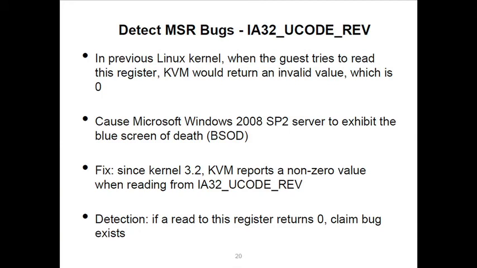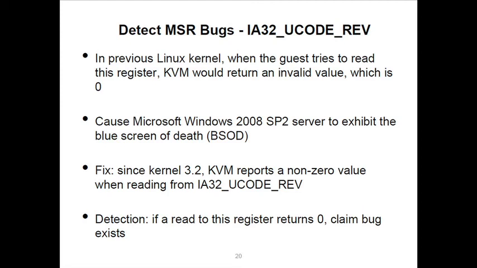In previous Linux kernels, when the guest OS tries to read this register, KVM will return an invalid value, which is 0. This invalid value somehow causes Microsoft Windows 2008 to crash. The fix to this problem is also very straightforward.